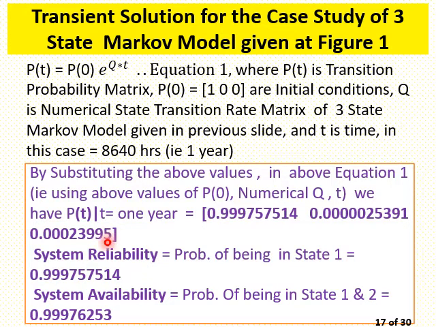From this, we know that the system reliability is equal to the probability of being in state 1, which is 0.9997575, and then system availability is 0.9997625.